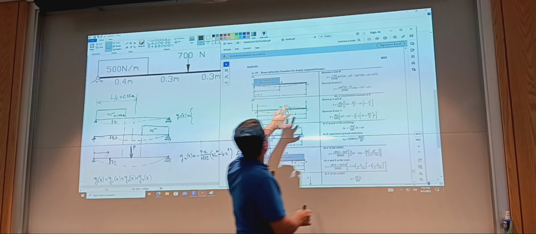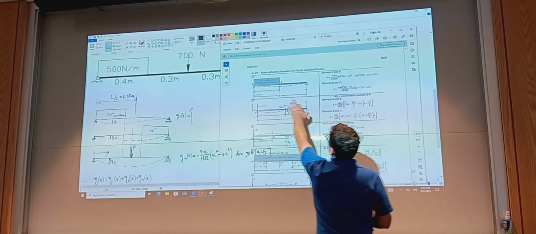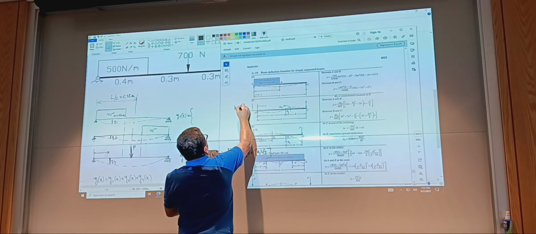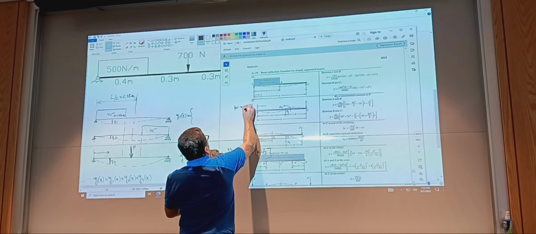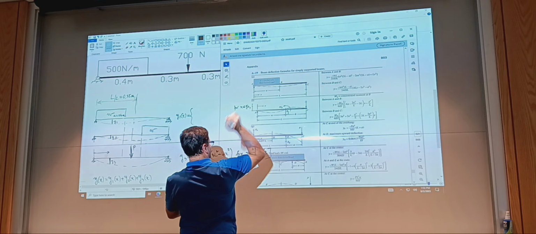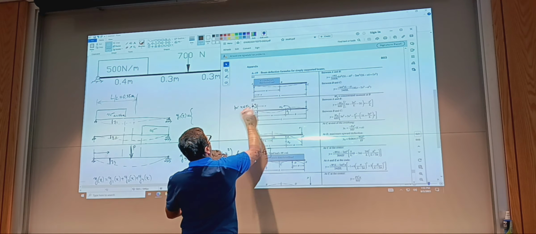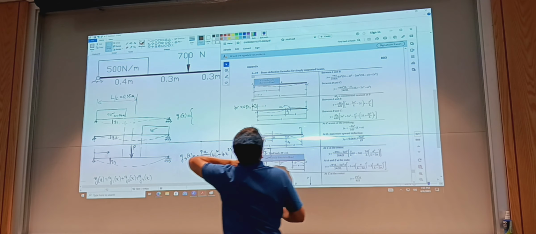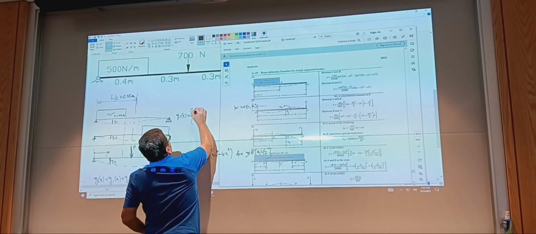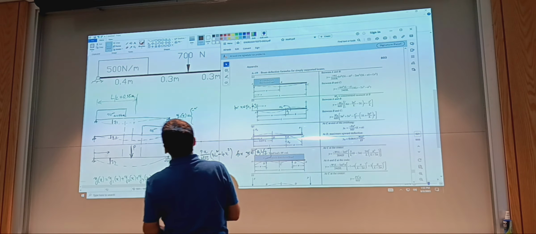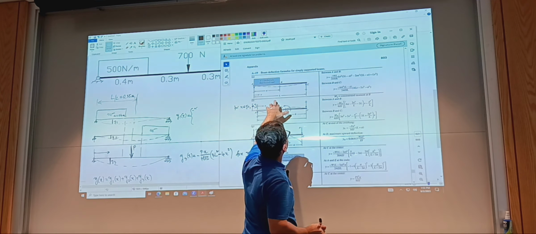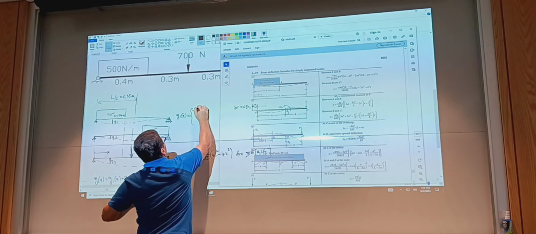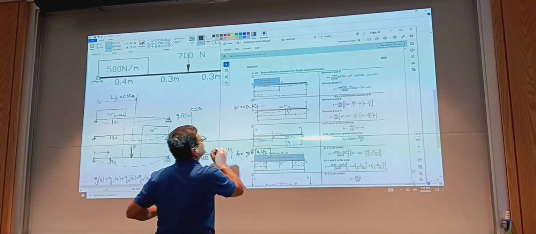Between A and B, that is where the distributed load ends, that will be for x going between 0 and A. And that's going to be this equation, right? So negative W, let's see, L was the full length, so W x over 24 EIL.